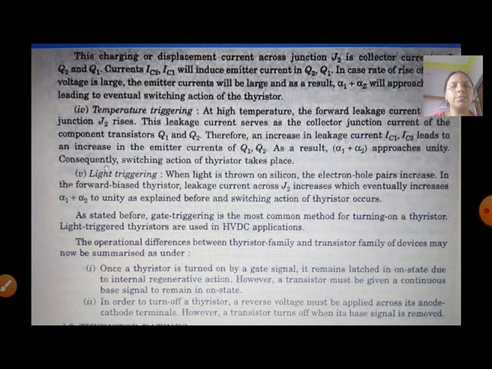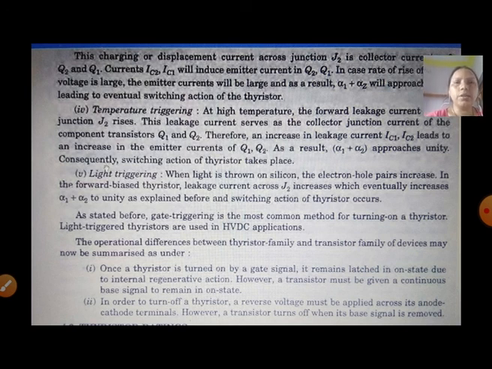By discussing these different types of turn on mechanisms, we can turn on the thyristor by analyzing the mechanism of transistors. That means we can turn on the thyristor under the two transistor analogy, meaning how the thyristor switches from off state to on state by considering component transistors.